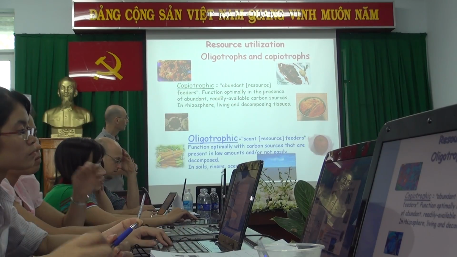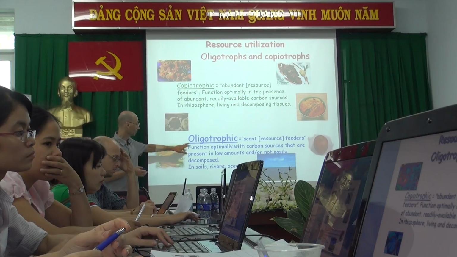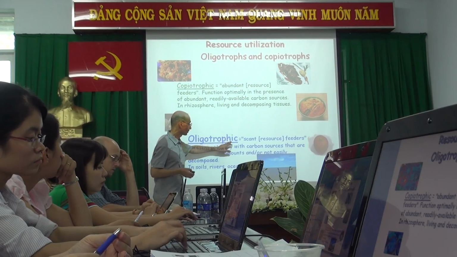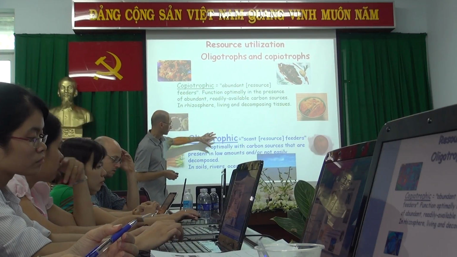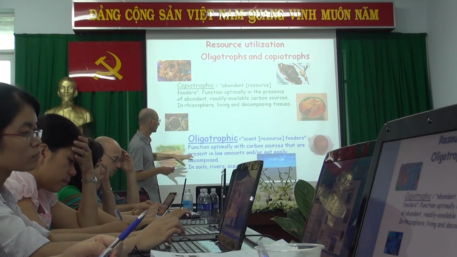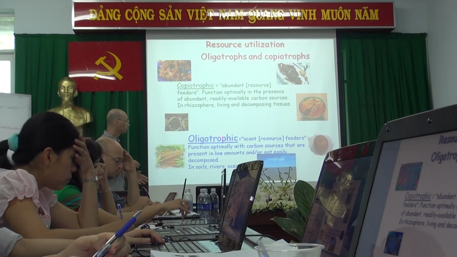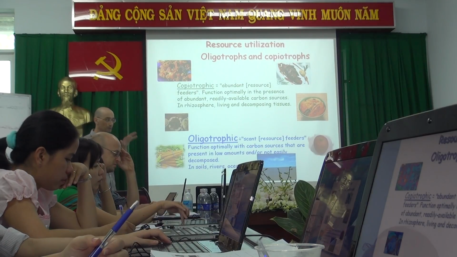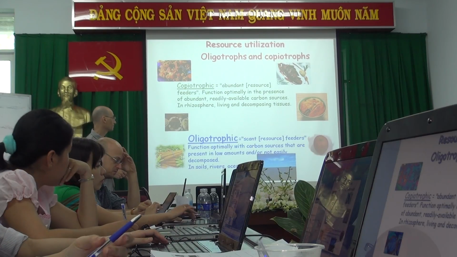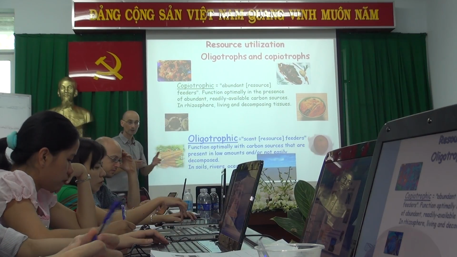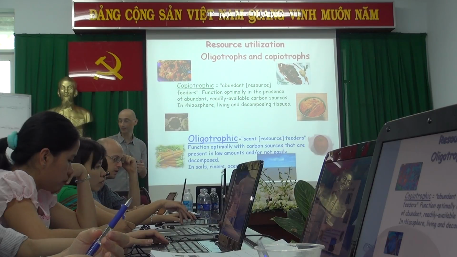On the other hand, you have, I mentioned them earlier, the oligotrophs. Oligo meaning little, scant, trophic meaning eating, so the ones who eat little, they function optimally when carbon sources are present in low amounts, so at a low level of carbon sources, or when you have carbon sources that are not broken down very easily.